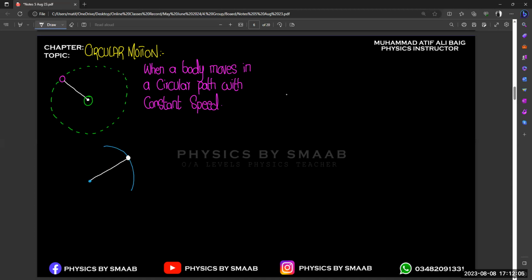So each interval will be like a small line. If we start breaking the whole circle into small intervals, each interval will act like a straight line, right?